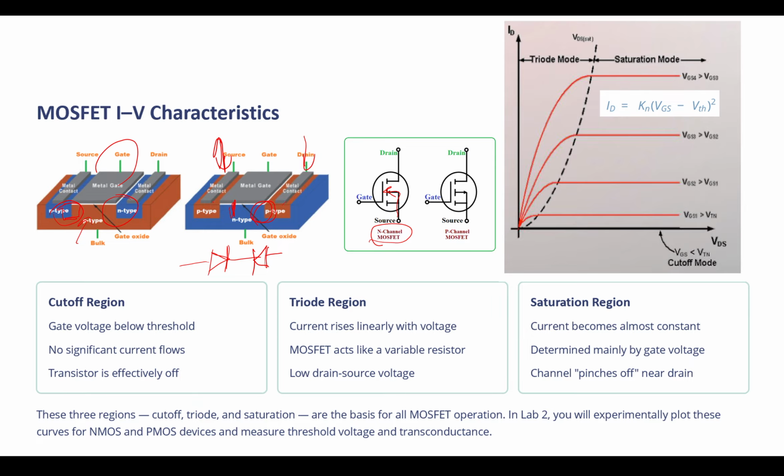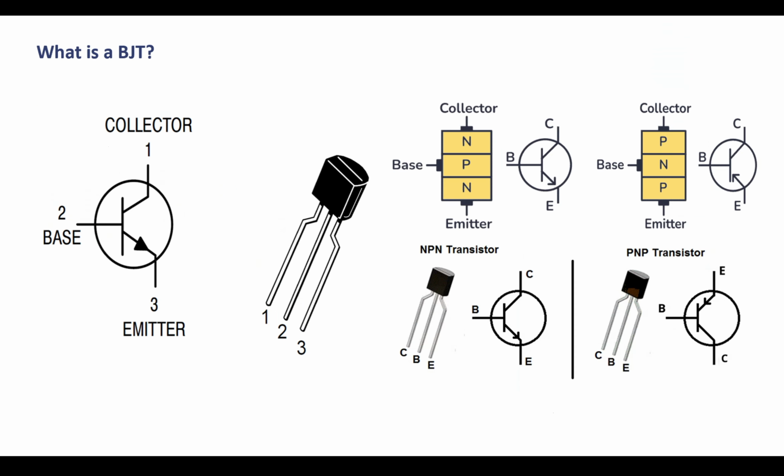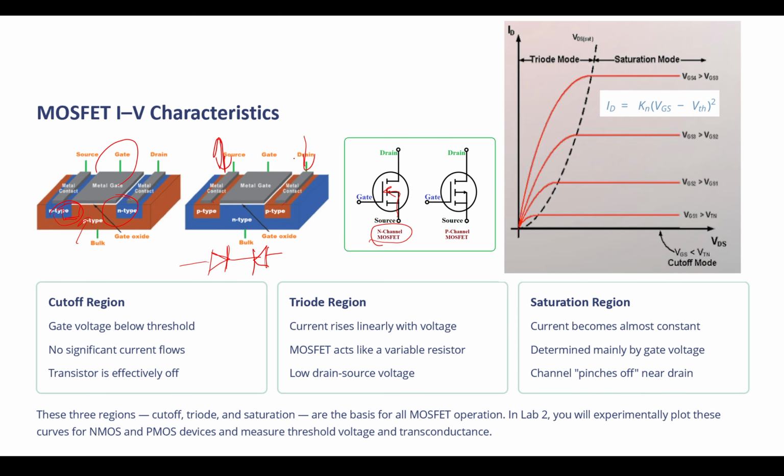Here it's the same concept, but with a little bit of change. When we have a voltage or any type of signal between our drain and source, this N type acts like an insulation.